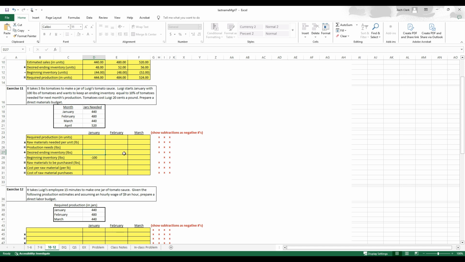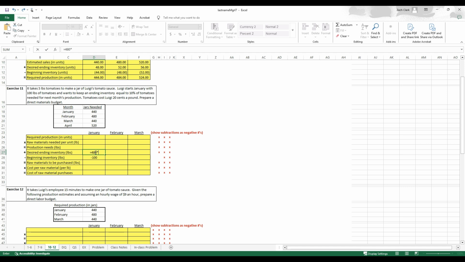So desired ending inventory then will be equal to February times 0.1. What are we doing wrong there? Ending inventory, 10% of tomatoes needed for next month's production budget. Oh, jars needed is 48. Okay, so we have to work through some of these before we know. Unless we could look at this and say, we want 480 jars. Yeah, let's do it like this.